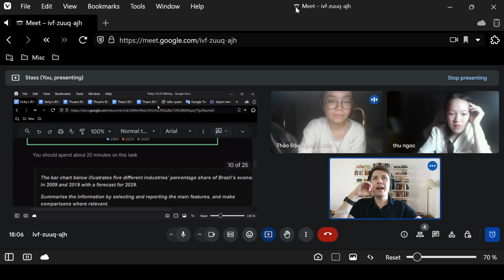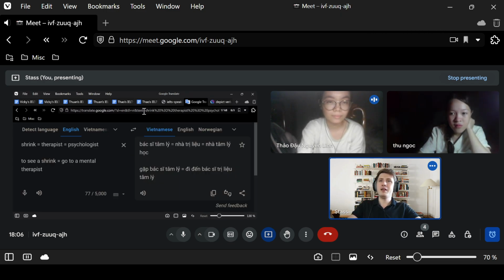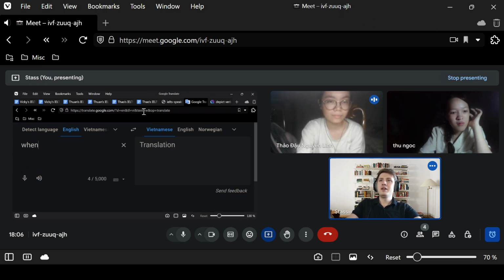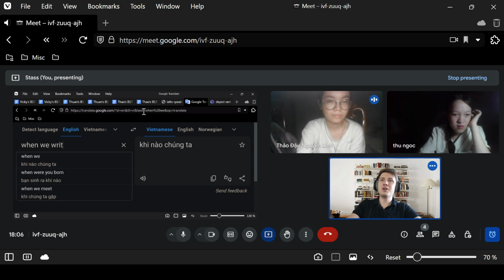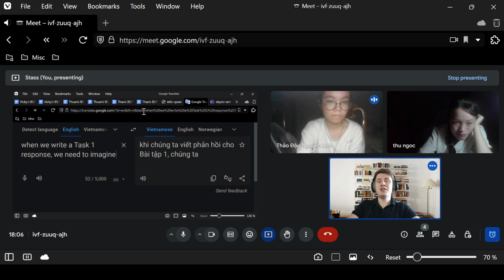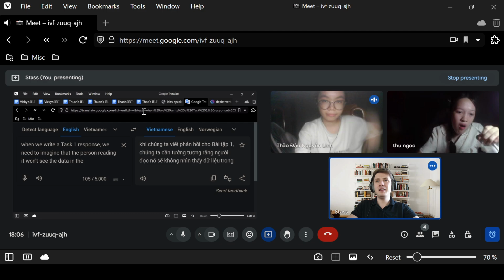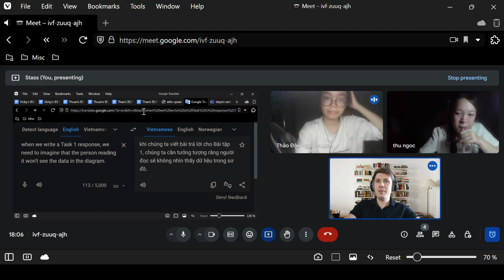Okay, imagine. When we write a task 1 response, we need to imagine that the person reading it won't see the data in the diagram.